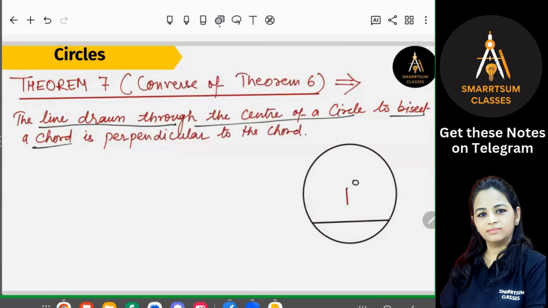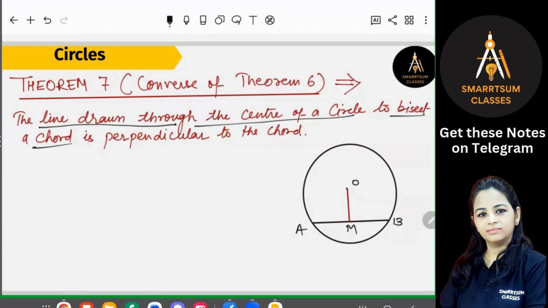Suppose we are drawing a line here, and this line from the center is bisecting the chord. It is the bisector of the chord. Suppose the chord is AB, and this line is OM. OM is a line which bisects the chord AB.